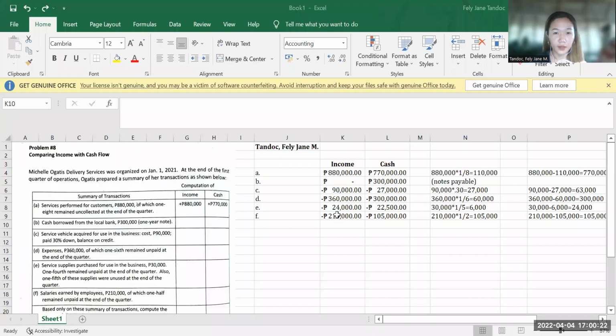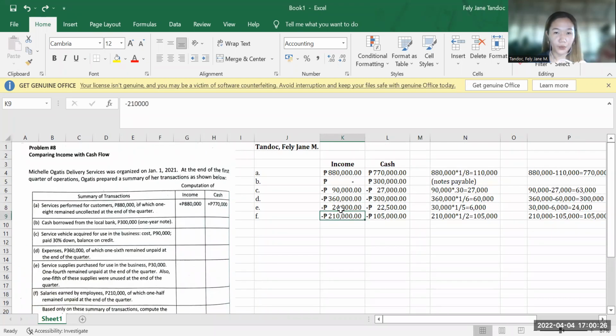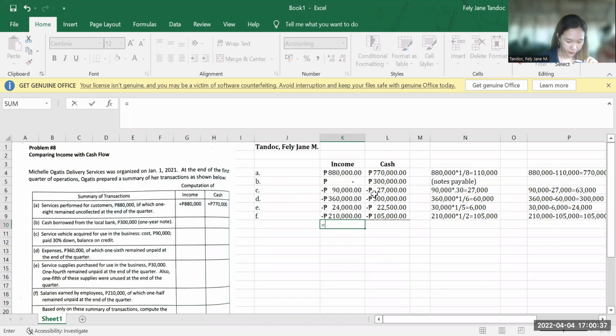To continue, to get the profit, we first put a border and then get the sum of the income to find the profit or loss.